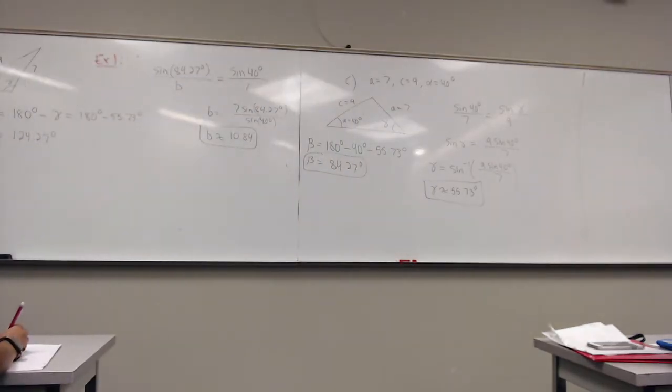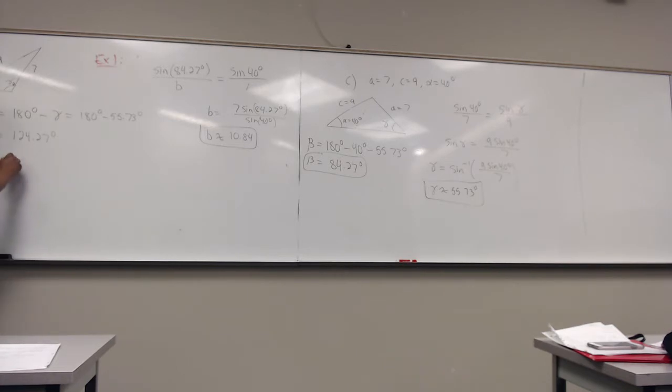Okay, so what am I going to do to determine if there's a second triangle now? If there is, gamma has to be 124.27. So yeah, now we still have this 40-degree angle. That plus my new gamma, those have to add up to be less than 180 to be able to even make a third angle.